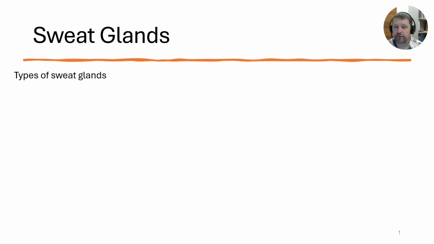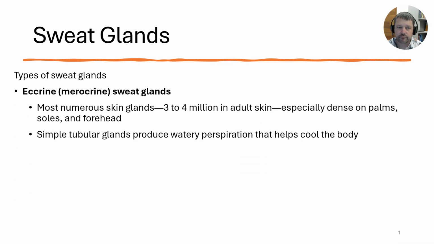So there are two real types of sweat glands. You have eccrine or merocrine sweat glands. Eccrine typically indicates that the gland itself is in the dermis, and then it has a duct that goes through the epidermis.